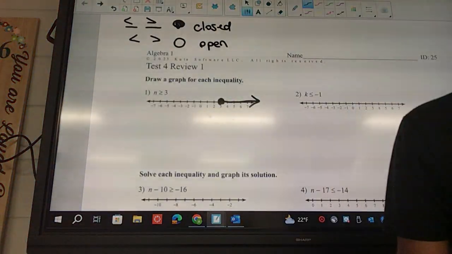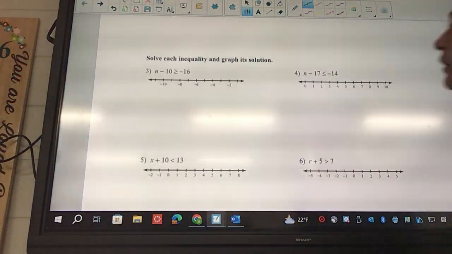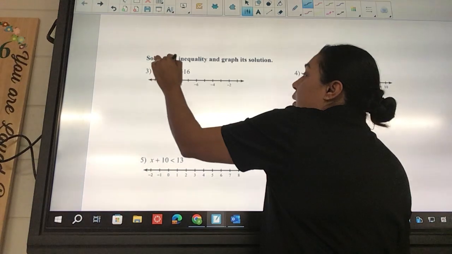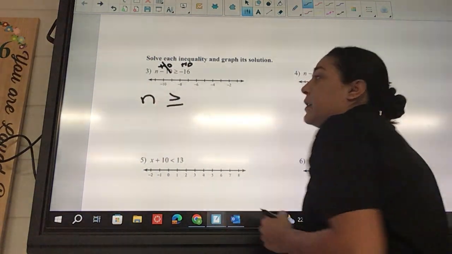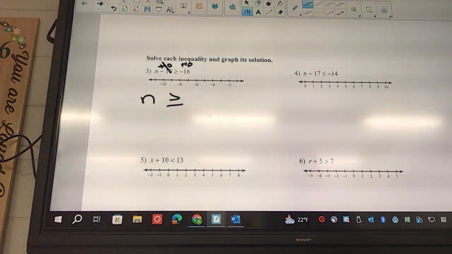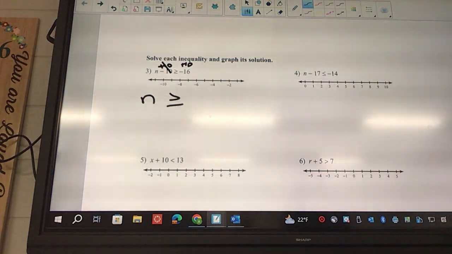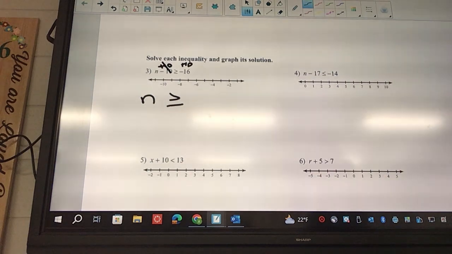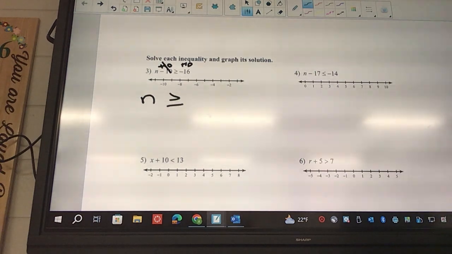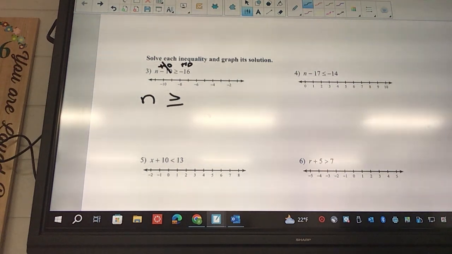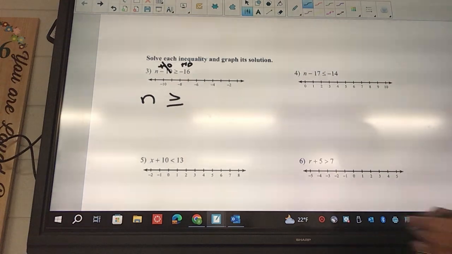Okay, look at number 3. What needs done to solve for n? Plus 10. Okay, and I'm just going to write it up here, plus 10 and plus 10. Okay, we're going to get, what is negative 16 plus 10? Boys, what are we doing? Negative 16 plus 10. I know, why do you guys not have a calculator? This ain't your first day in here.